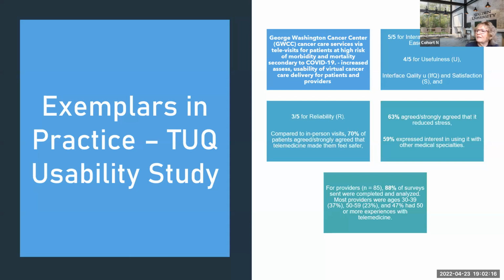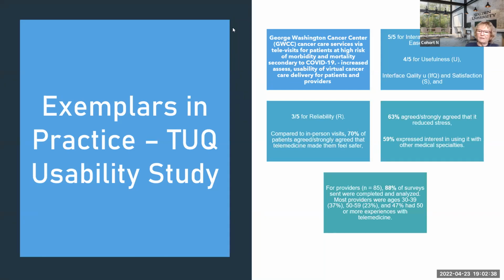Most of the providers were the younger providers, if you'll notice, 30 to 39 was 37%. The older ones were 23% that responded. And then 47% of these said the experiences with telemedicine were very satisfactory.